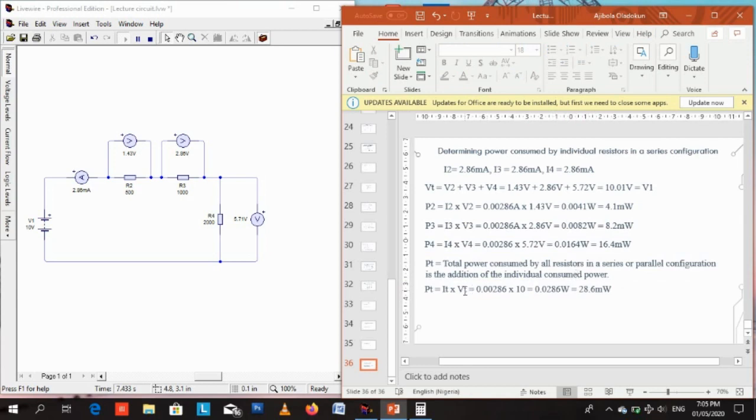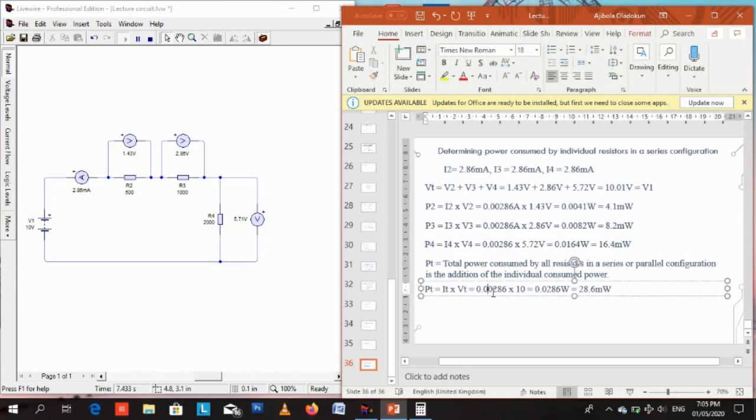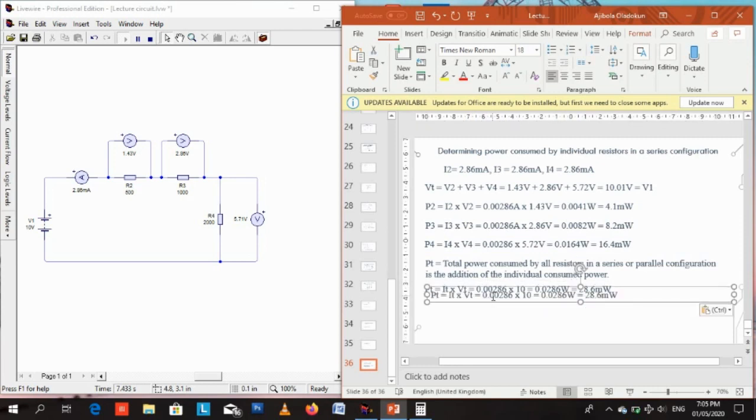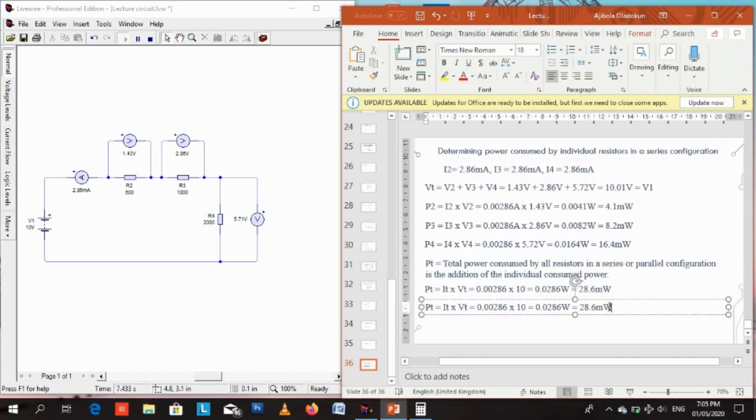So we've obtained the total power consumed by all the resistors, or all the loads in the circuit, by multiplying total current by total voltage. Another way to do it is to add all the individual powers consumed by the individual resistors, P2, P3 and P4.